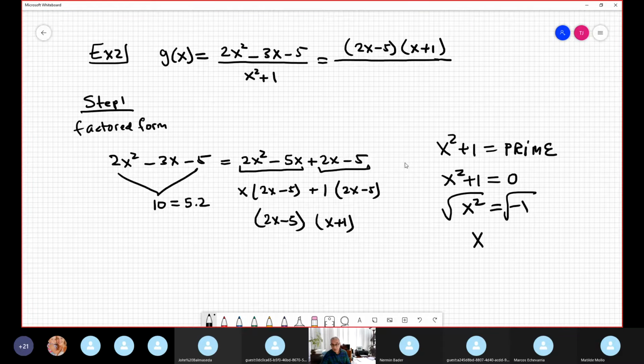You isolate x, which is equal to plus or minus i. That means the factorization of this is x minus i times x plus i. So we can do the factorization of this in the complex field, but in the real field, no. That is the reason the professor in intermediate algebra says the sum of squares is a prime expression, and leave it like that. We cannot do any more. Okay?